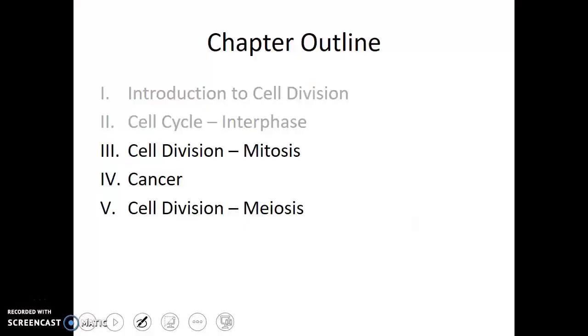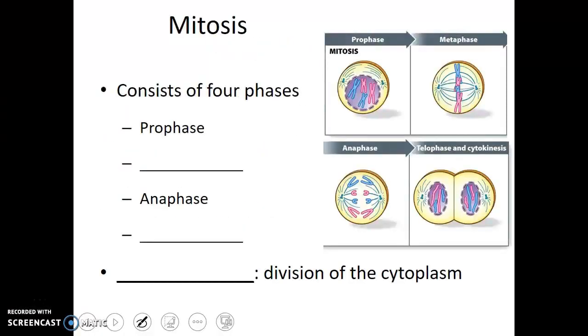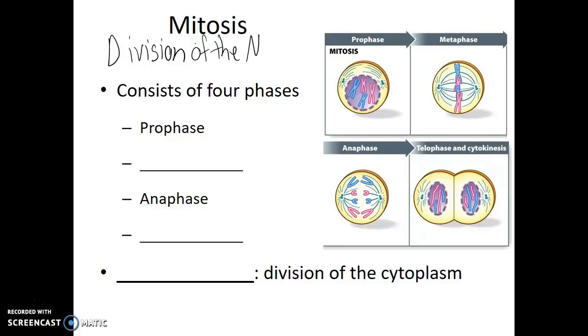Cell division is made up of two steps: mitosis, which is the division of the nucleus, and cytokinesis, which is the division of the cytoplasm. So these two steps together make up cell division.